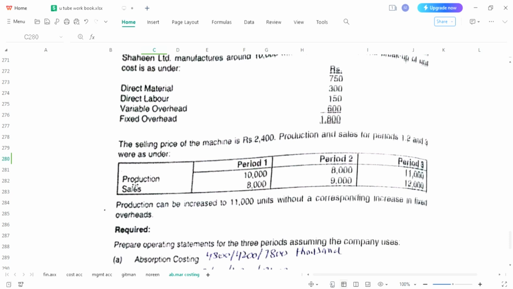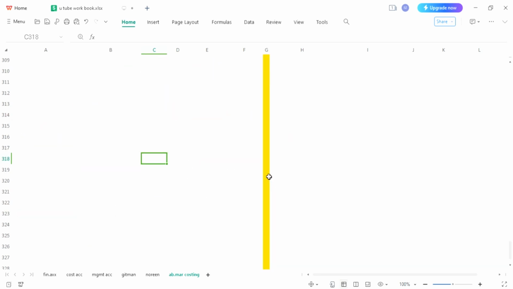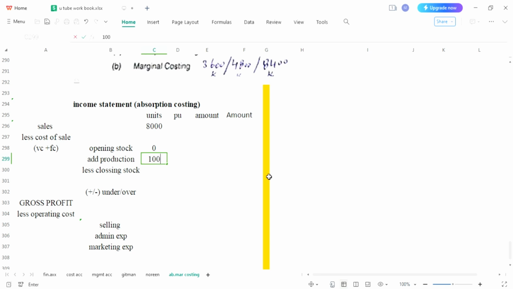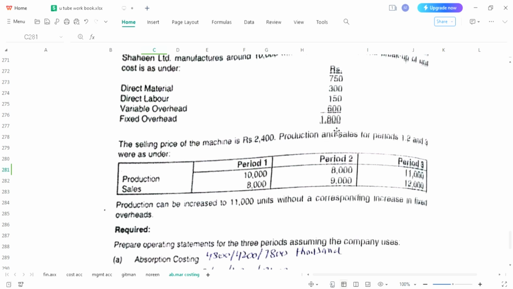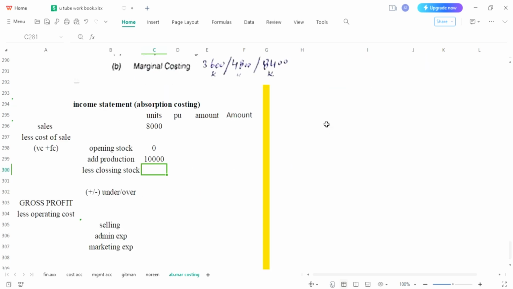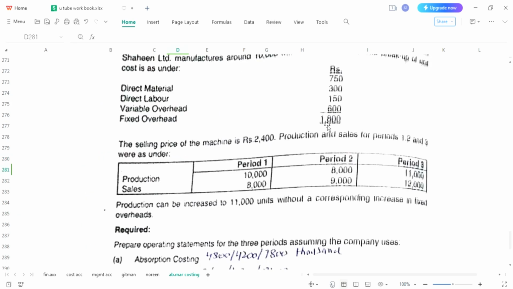Produced units, you can see produced units are 10,000, so you can put that over here, and then we will see if there is any closing stock. Over here 1800 total cost is mentioned, so you can put 1800 as the total per unit cost over here. This is the total per unit cost including fixed cost.